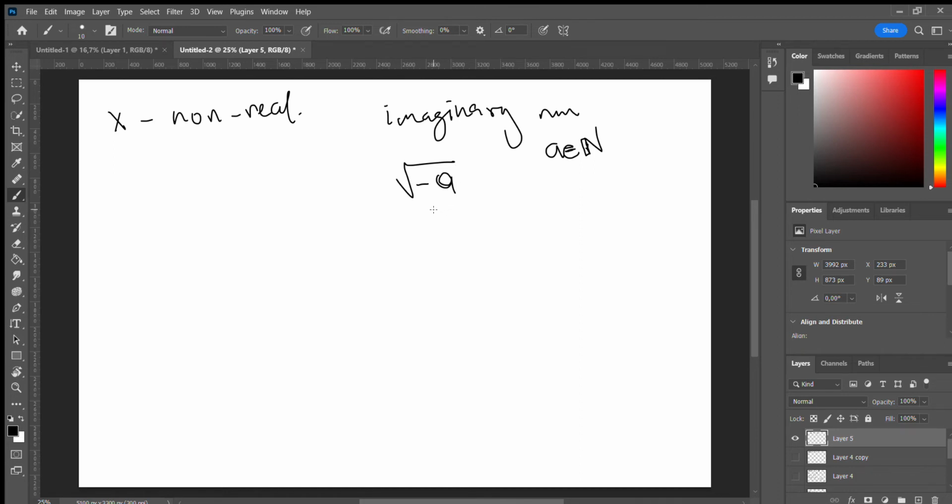When you get to higher levels, you will then have this root be ai, where i equals the root of minus 1. So i is a non-real number, but i squared would be a real number because i squared would be minus 1. But forget about that.